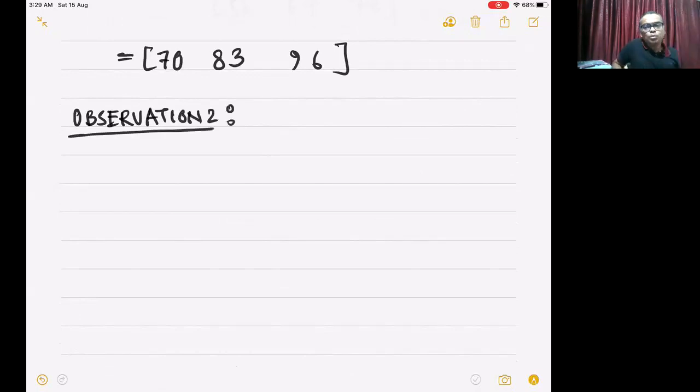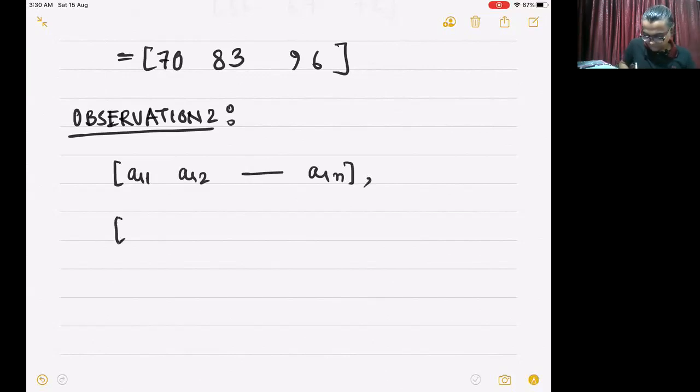Observation 2 is going to be very important for us. It's in fact going to be used again and again throughout this course. And that is why I'm going to do it in a general manner. What this observation 2 tells us is the following. When I have row vectors like a11, a12, dot dot dot, up to a1n, this is a row vector.